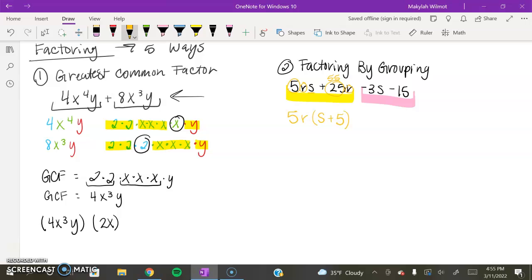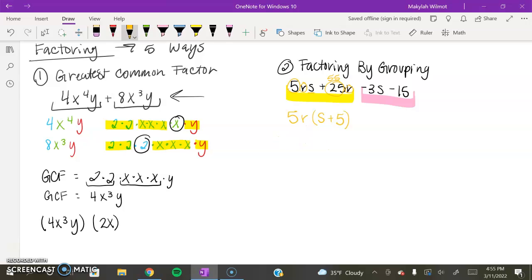If you were to multiply this, it would be 5R times S, so 5RS, and then plus 5 times 5 is 25, and then there was an R, so that would get you back to where you were.